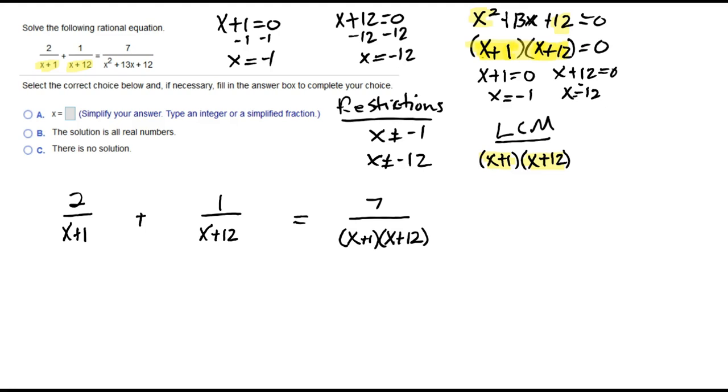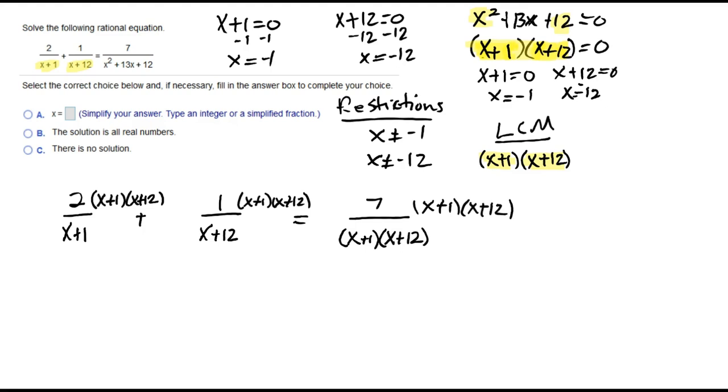So what we're going to do with that least common multiple is we're going to multiply every term by that least common multiple. We're basically multiplying the same value on both sides of the equation. So we're multiplying by the least common multiple here, (x plus 1) times (x plus 12). We're multiplying it here, and we're multiplying it here.